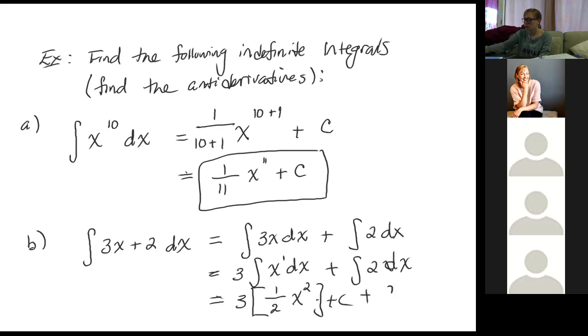Use that first rule. So this is 2x plus c2. I'll write that down in a simpler form. It would be 3 halves x squared plus c1 plus 2x plus c2.